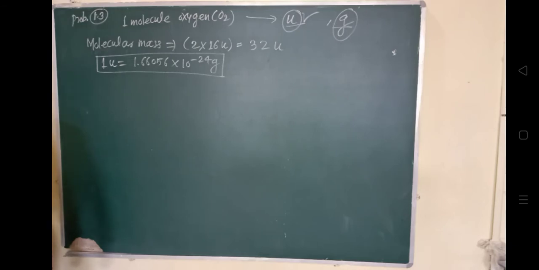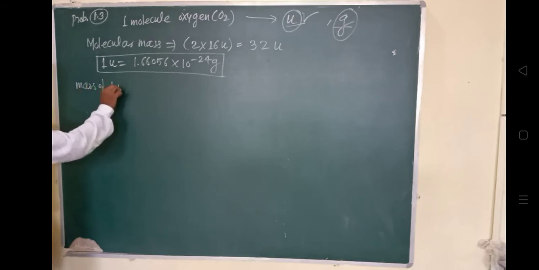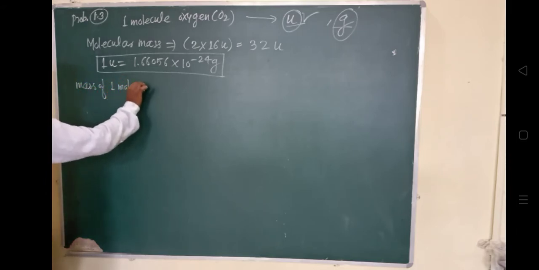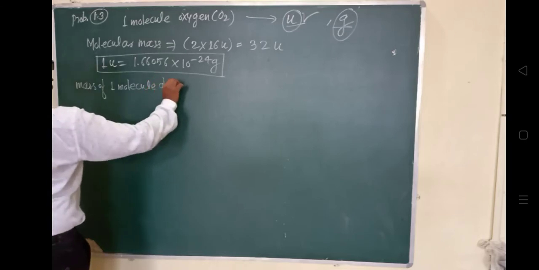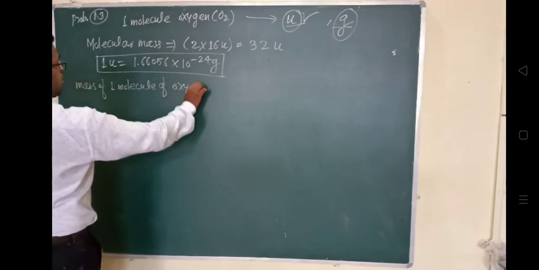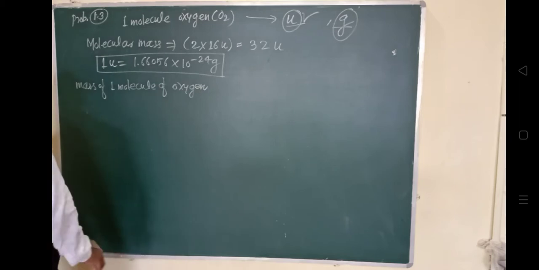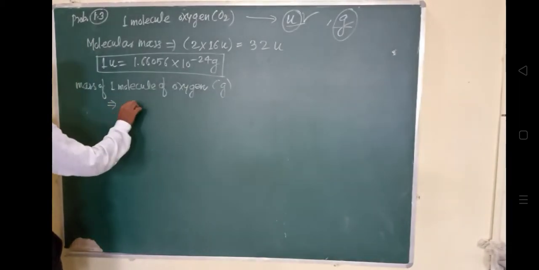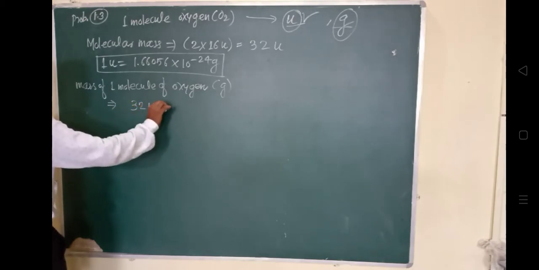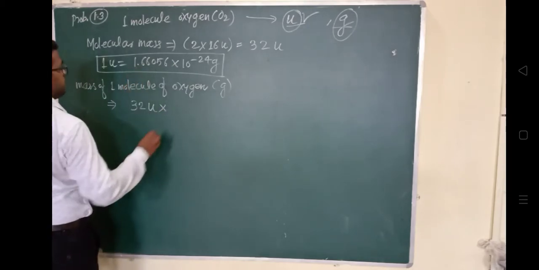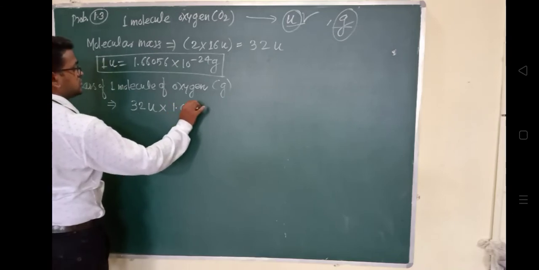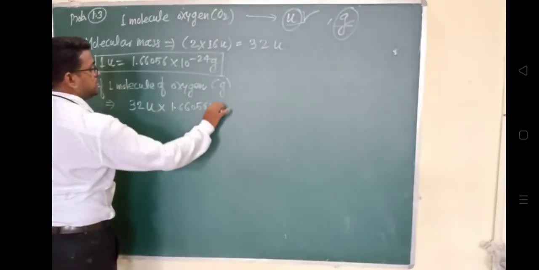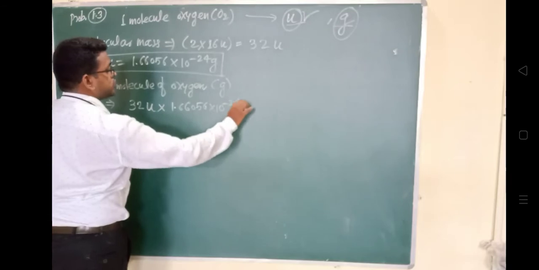To find the mass of one molecule of oxygen in terms of grams, we take 32 unified mass multiplied by 1.66056 multiplied by 10 raised to minus 24 gram per unified mass.